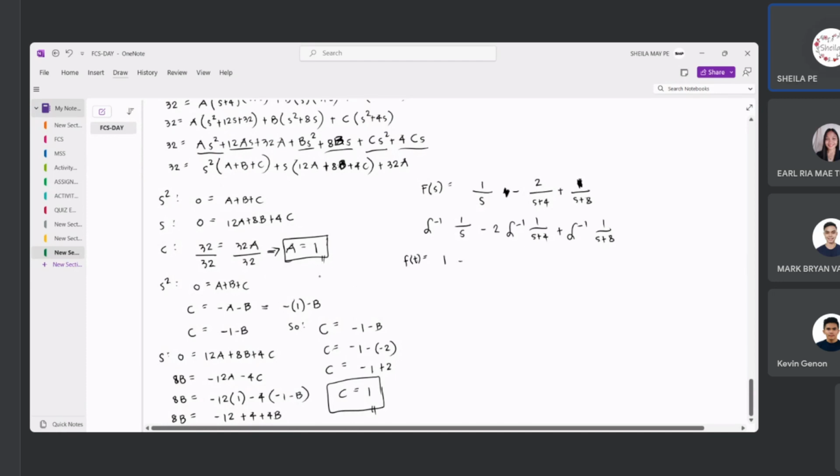The inverse Laplace of 1 over s plus 4 is e raised to the power of negative 4t. And the inverse Laplace of 1 over s plus 8 is e raised to the power of negative 8t, times u of t. So that's our final answer.